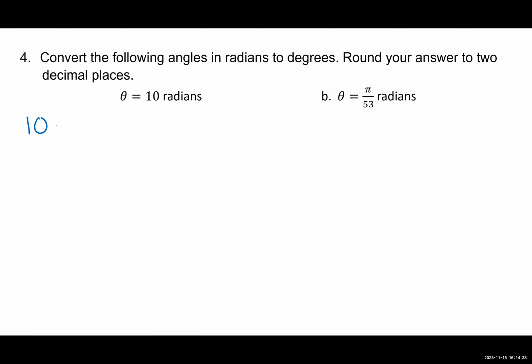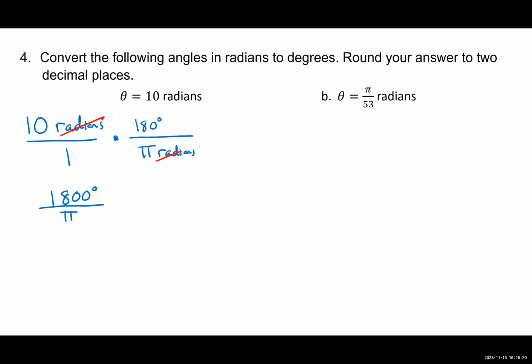So if we start with 10 radians and we want to change this to degrees, we put radians on the bottom, so 180 degrees goes on top. Top times top, bottom times bottom. We get 1,800 degrees divided by pi.